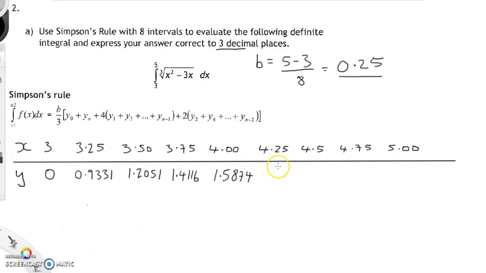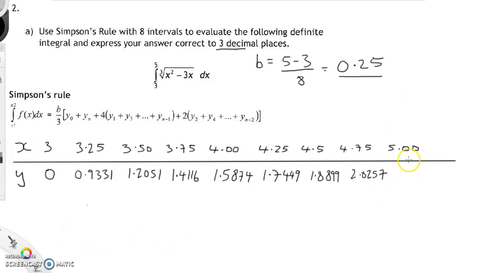4.25 should produce 1.7449. 4.5 should produce 1.8899. You could have paused this and done these yourself and checked them out. We got 2.0257.